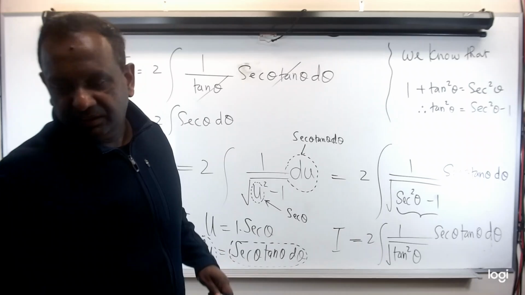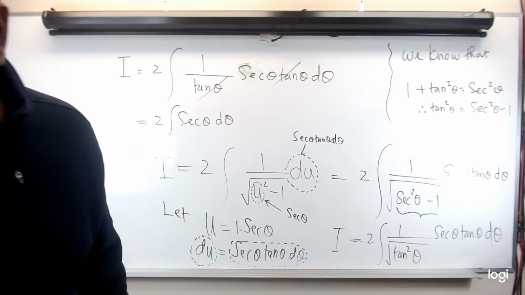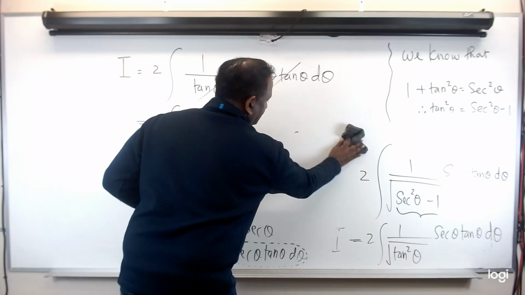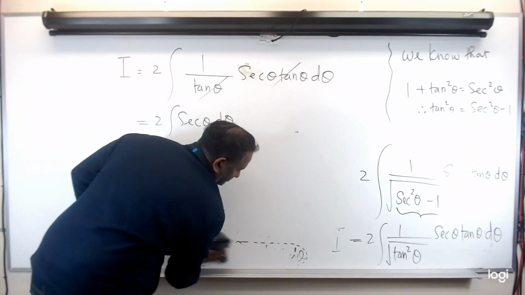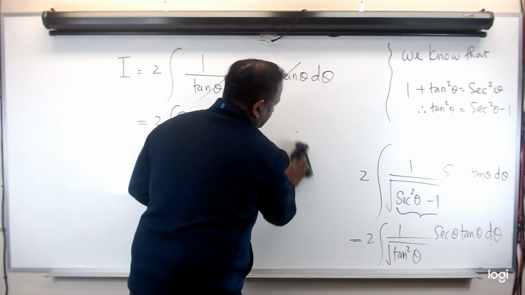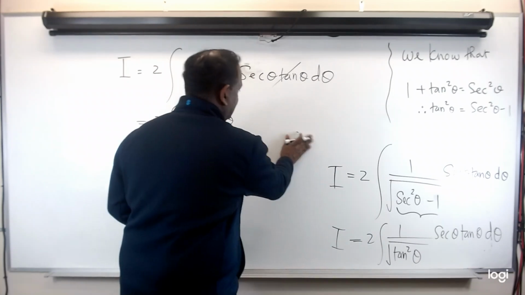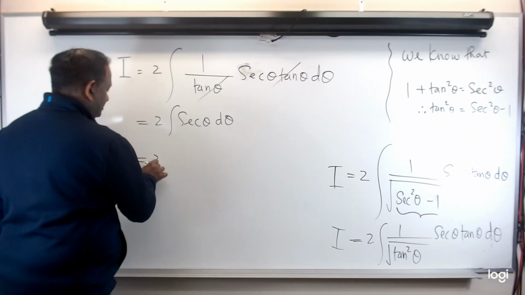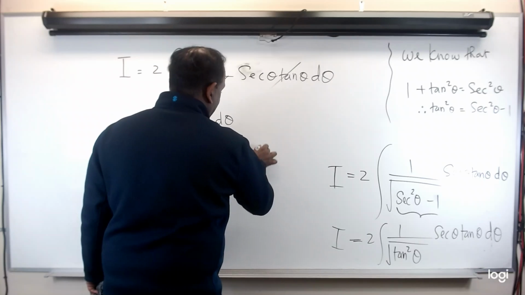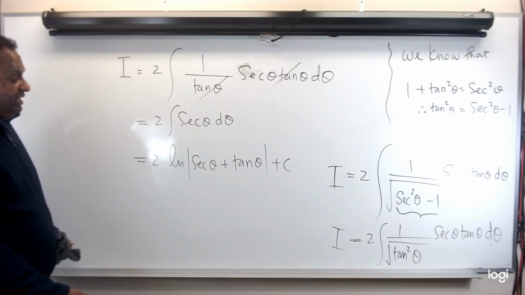We know that the integral of secant theta is nothing but ln secant theta plus tan theta. So this is 2 ln secant theta plus tan theta plus c.